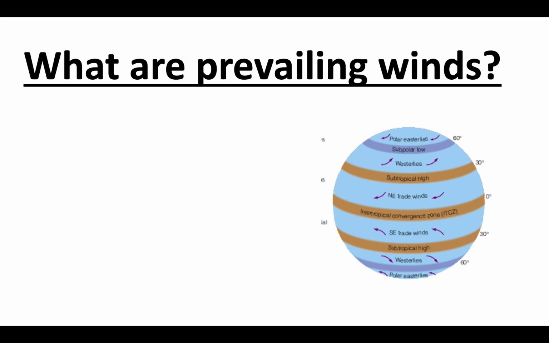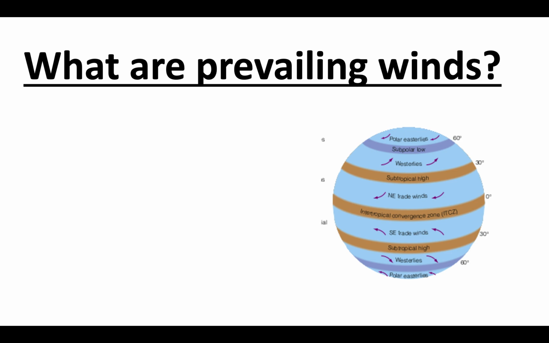They do not blow directly north-south between the pressure belts, however. This is because the spin of Earth causes the prevailing winds to spin to the side. The diagram below shows the position of the three main belts of prevailing winds. As you can see, the polar easterly belt is on the top, the very top and the very bottom.